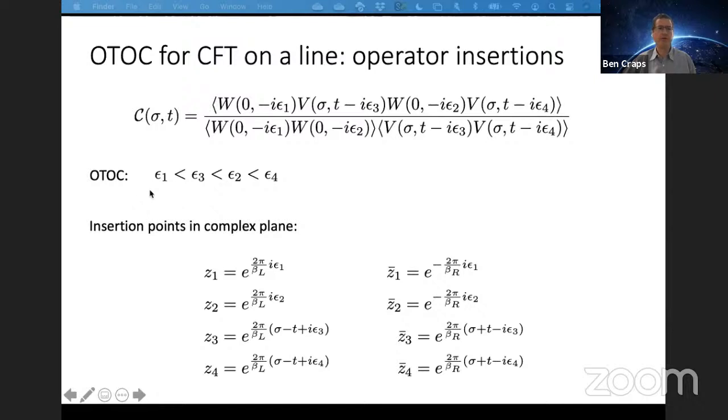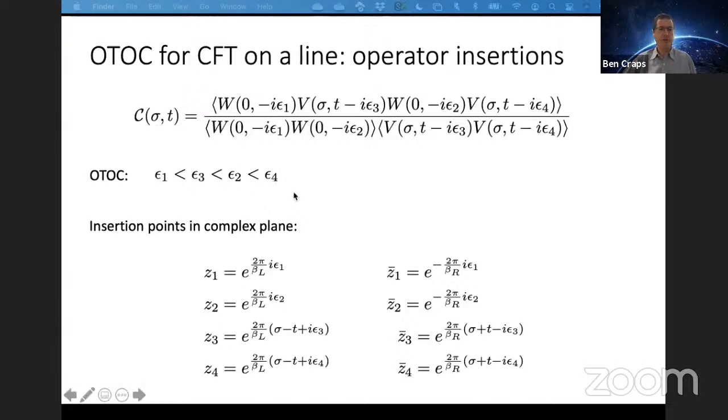So for the OTOC, we want to take the epsilons to satisfy this relation, so that the ordering is really the one I wrote down here. Then you continue towards Lorentzian time t. You may meet some branch cuts depending on the operator ordering that you chose, and then you have to maximize over channels.